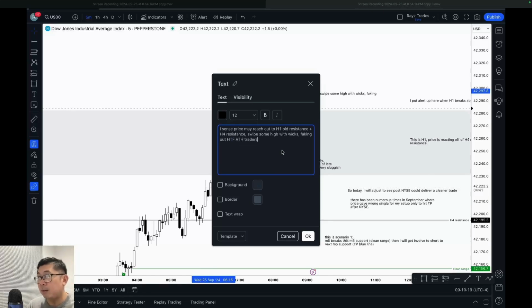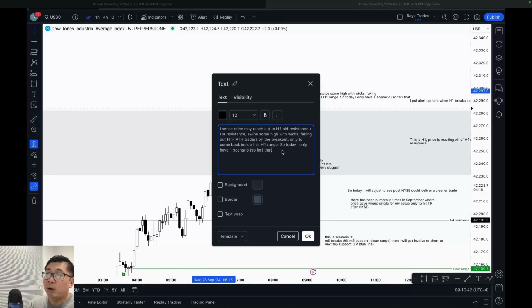That's what I wrote there on the breakout, only to come back inside the 1 hour range. I don't know if that's going to happen. It did, but I didn't know that. I just said I anticipated that.